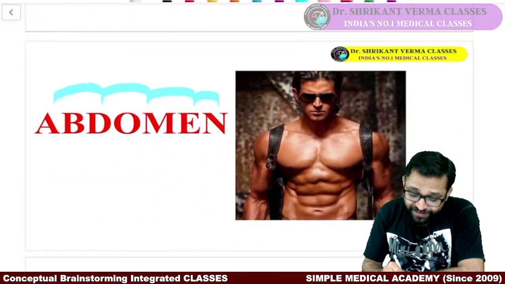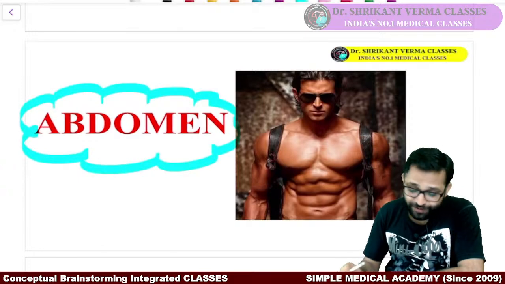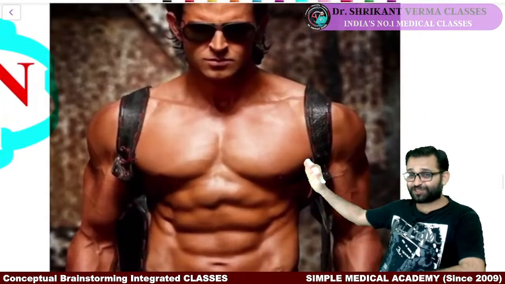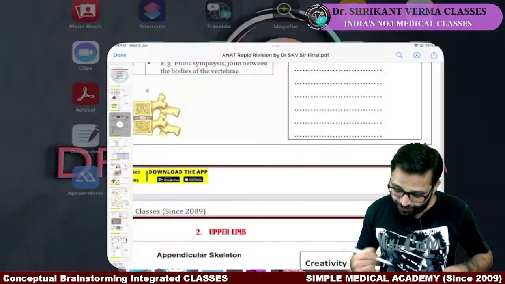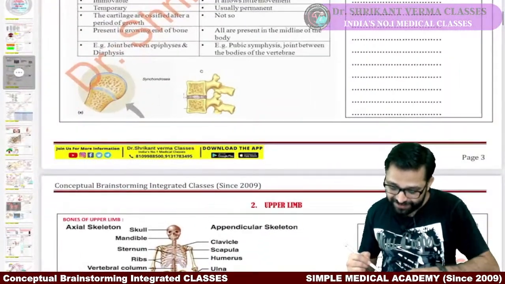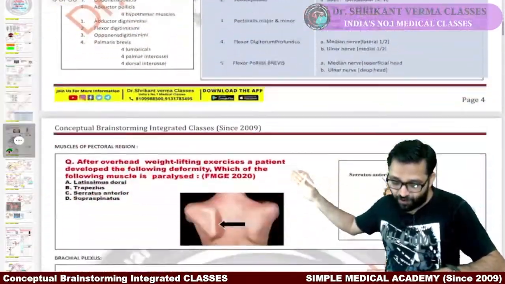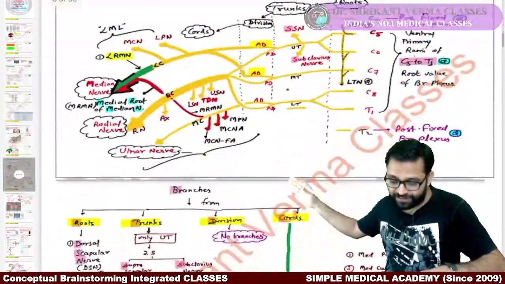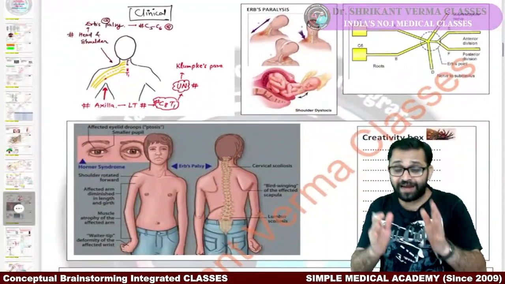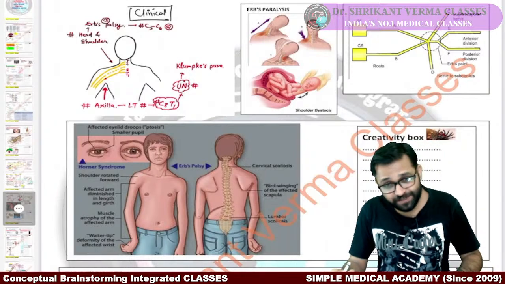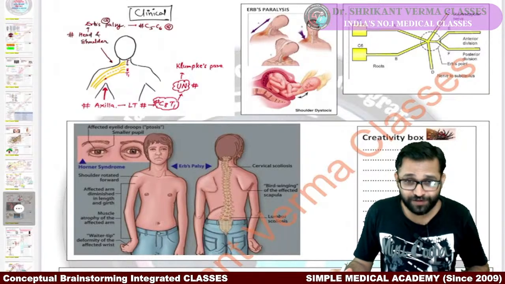Whenever we start the abdomen topic, now we are coming to the abdomen. We start from the six-pack abs of, yes, Ritik Roshan sir. So at the time of the class, in the upper limb we discussed all these muscles, all this clinical in the rapid revision. Yes, you can get this PDF at our platform, Dr. Shrikant Verma classes platform.